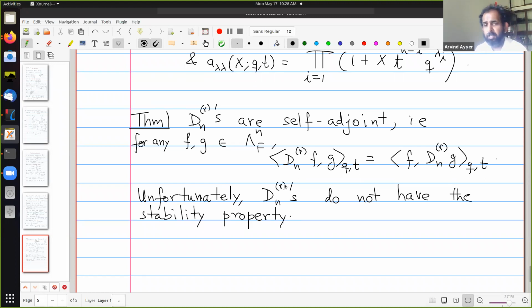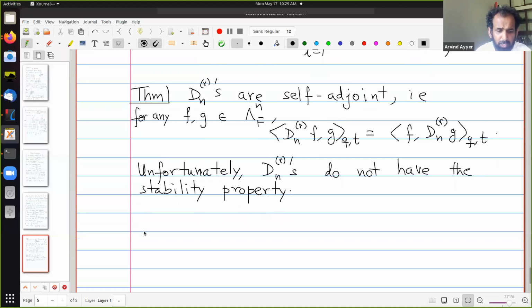In other words, if I take x_n to 0, so if I take the homomorphism from lambda_n to lambda_{n-1} by setting x_n to 0, the D_n^r's do not go to D_{n-1}^r's. That is a problem.